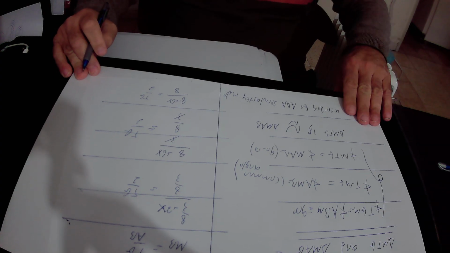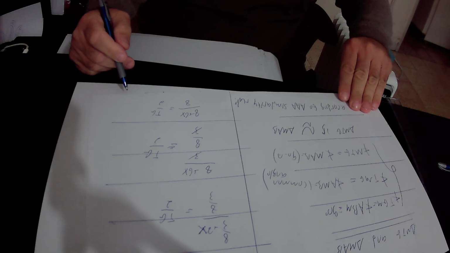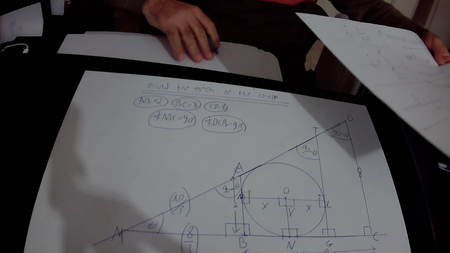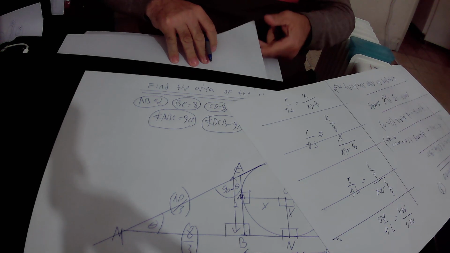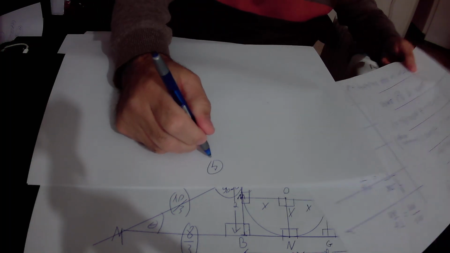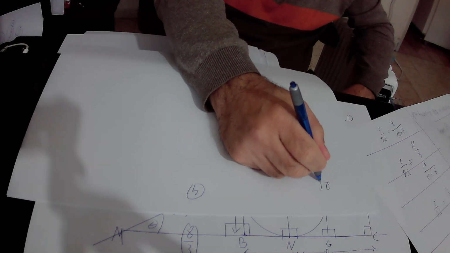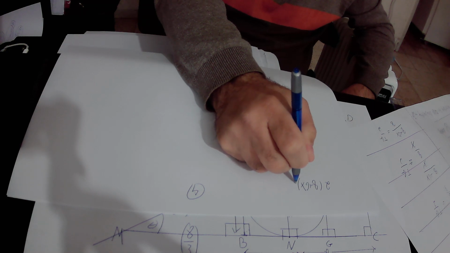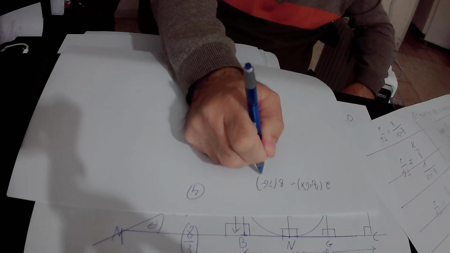Okay, so in the next step we will of course multiply this equation and we will get that two times 8 plus 6x equals to 8 times TG.